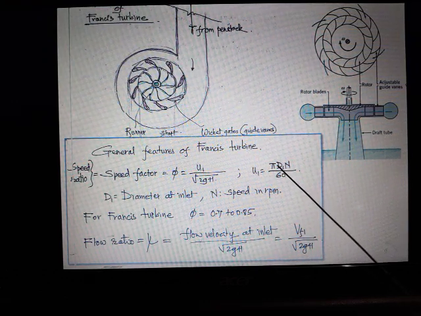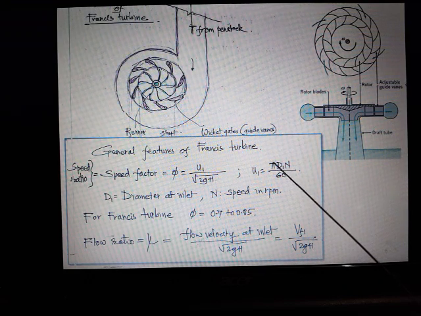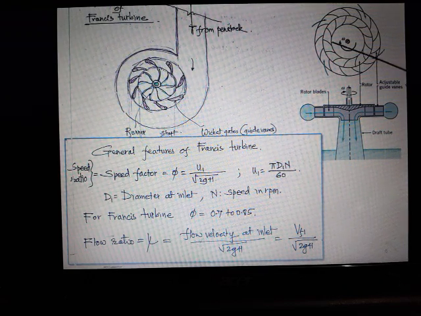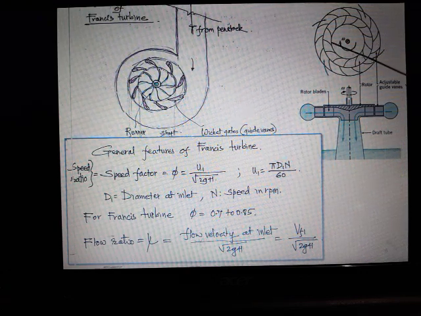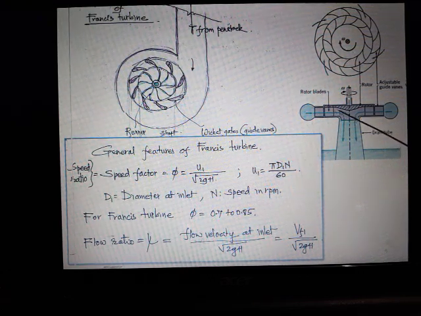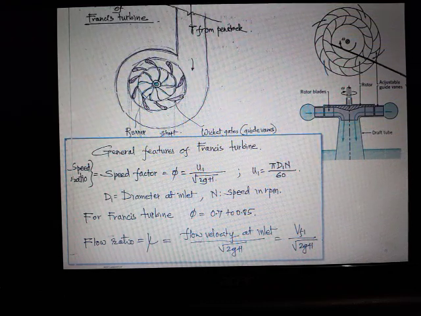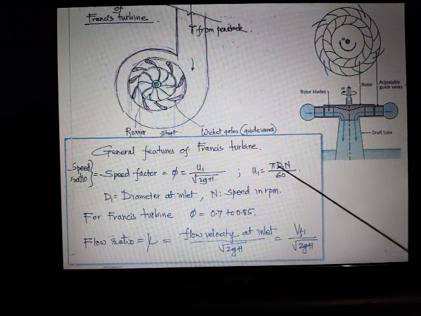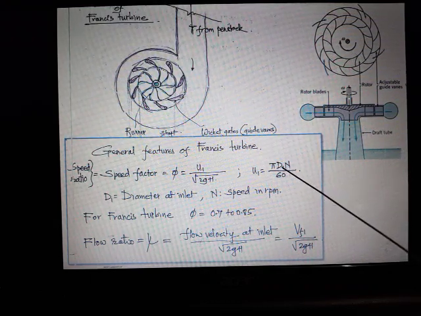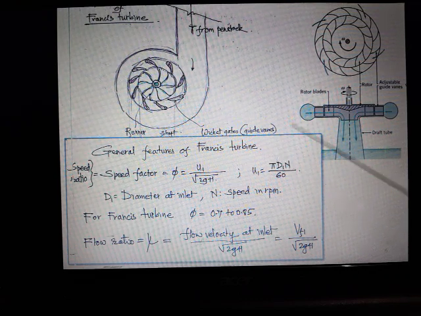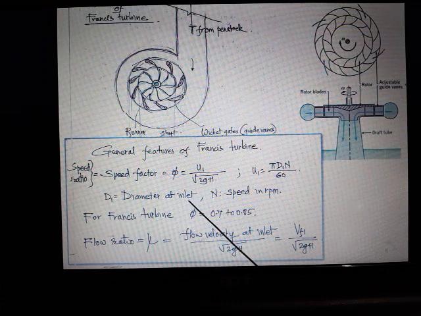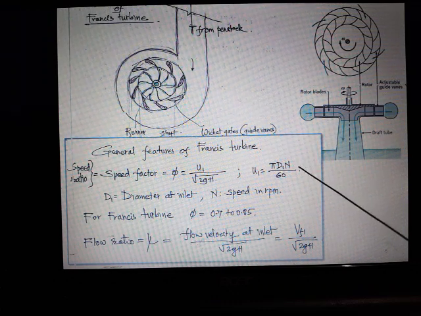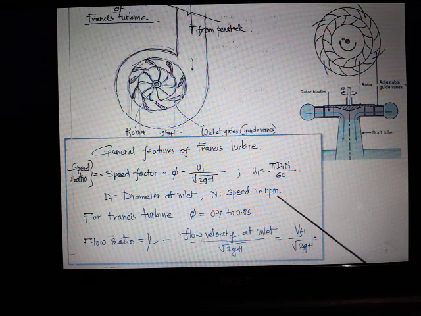The diameter is different because here at the entry the diameter is bigger, and then at the exit when the water comes out of the runner the diameter is less. So D1 is the entry and D2 would be exit diameter. So D1 is the diameter at inlet, and N is the speed in rpm.